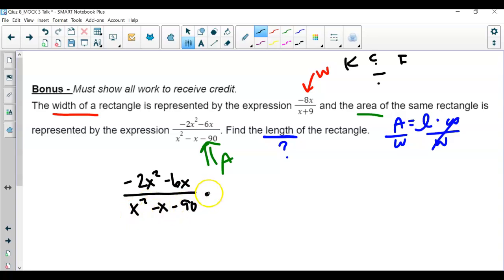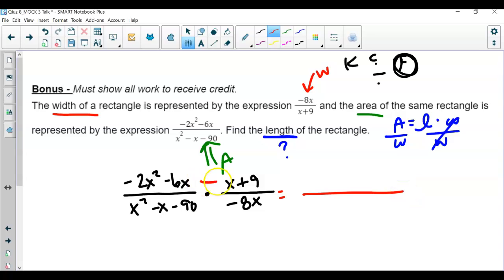Then multiply by the width or the reciprocal. Remember, we're dividing, so you need to flip it. So it's x plus 9 over negative x. Now, with our numerators, here we go. We're going to multiply straight across. Here is our special case.